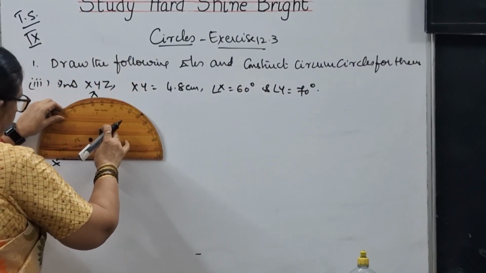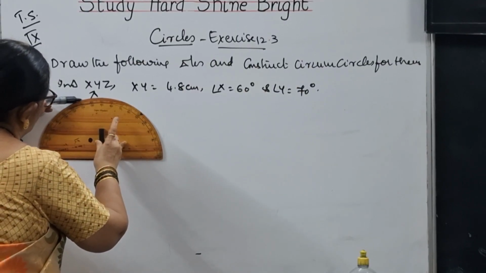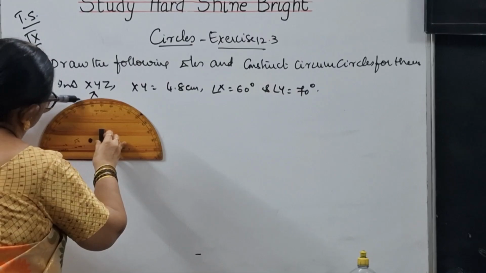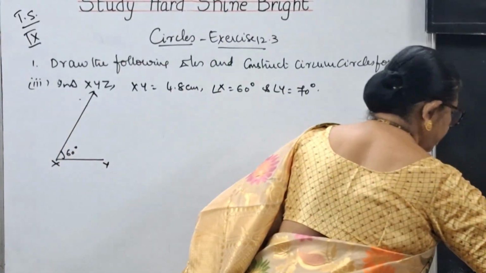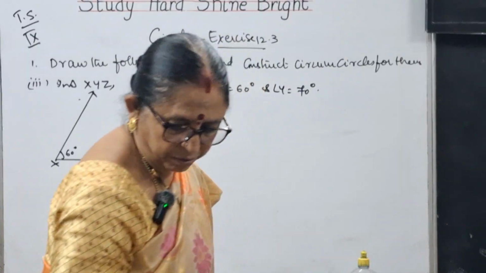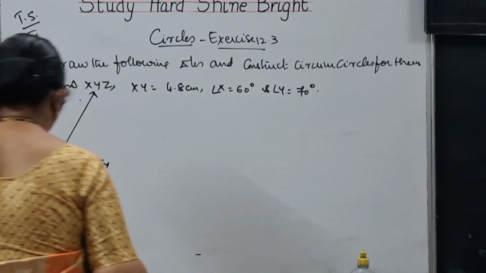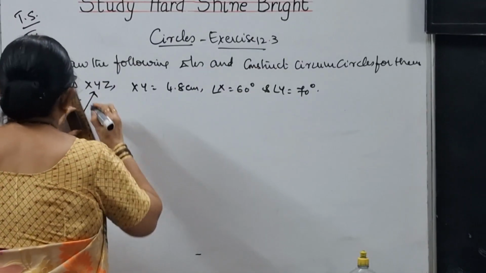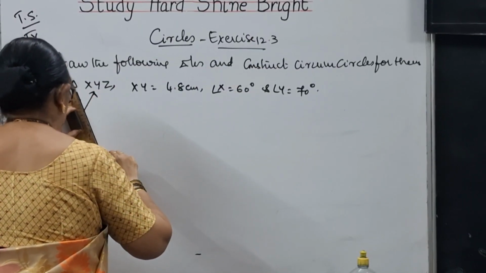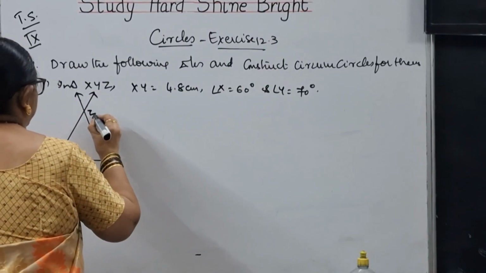Here, angle Y 70 degrees is here. This is Z.